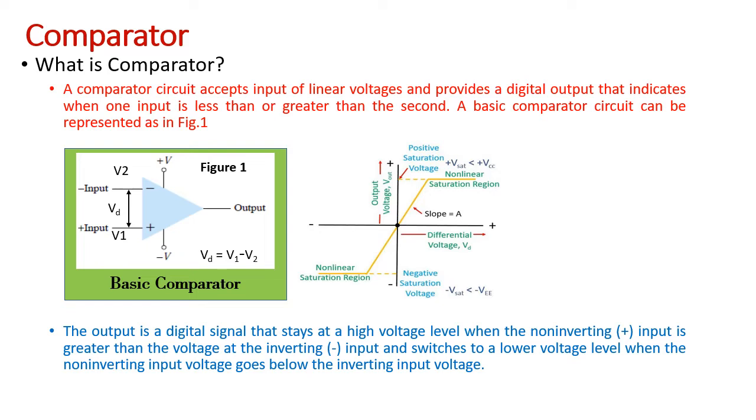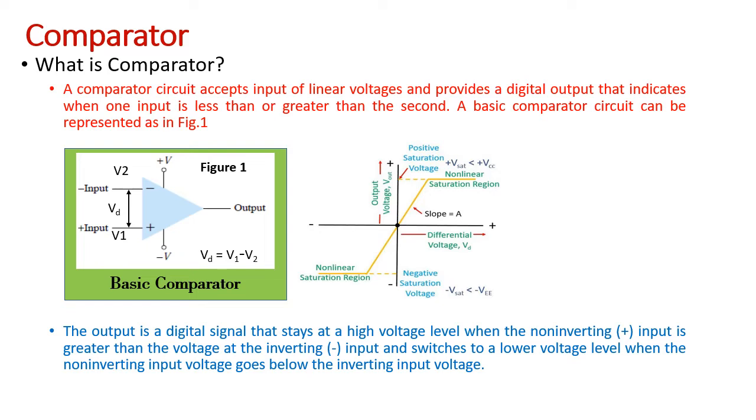From this voltage transfer curve you can see that if the differential input voltage Vd is positive, meaning V1 is greater than V2, then the output will be plus Vset, which corresponds to logic 1.